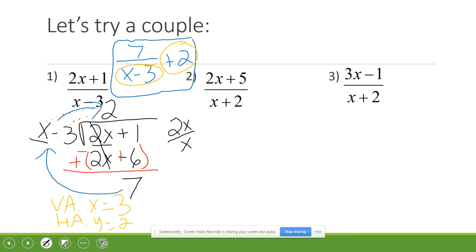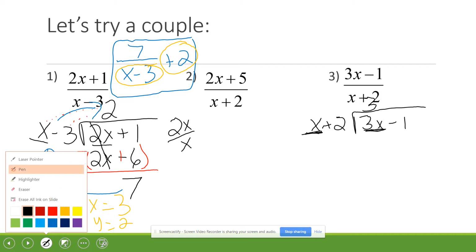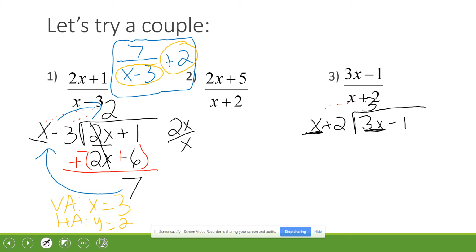Let's try this last one. So we have 3x minus 1 divided by x plus 2. So I'm going to start with the x plus 2 on the outside and 3x minus 1 on the inside. 3x divided by x is 3. We are again distributing the 3, multiplying the 3 to everything on the outside.